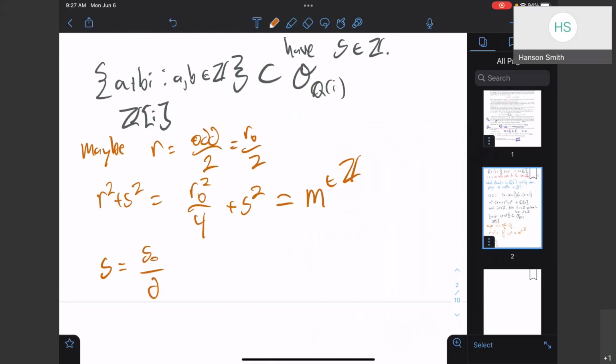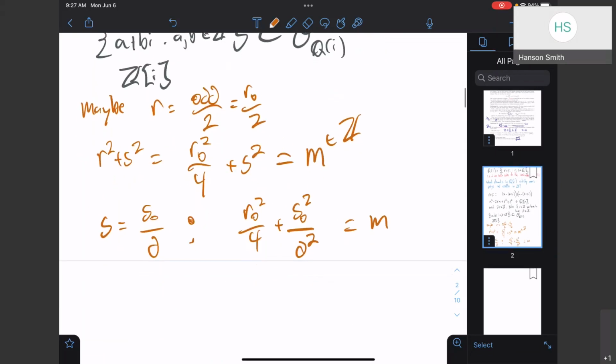So now I have r naught squared over 4 plus s naught squared over d squared, and this equals m. Okay, so I'll clear out these denominators, and I'll end up with r naught squared times d squared plus 4 s naught squared equals 4 d squared m.